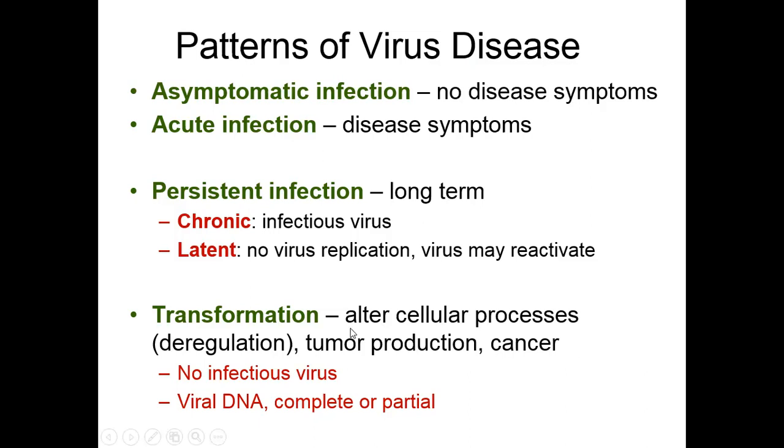This results in the formation of tumors or cancer. During transformation, there is no infectious virus, so there is no active viral infection going on, whereas we have either parts of or the entire viral DNA present in the host, incorporated into the host cell genome.